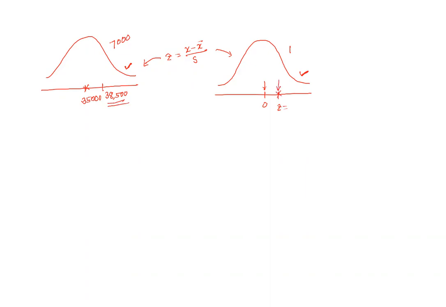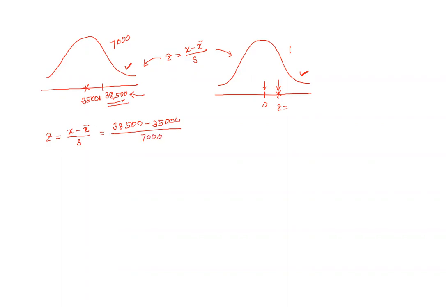Now, how do I find that? We know z is equal to x minus x bar divided by s. My x, the point in question that I'm mapping, is 38,500 minus x bar, which is 35,000. All of it divided by the standard deviation, which is 7,000.